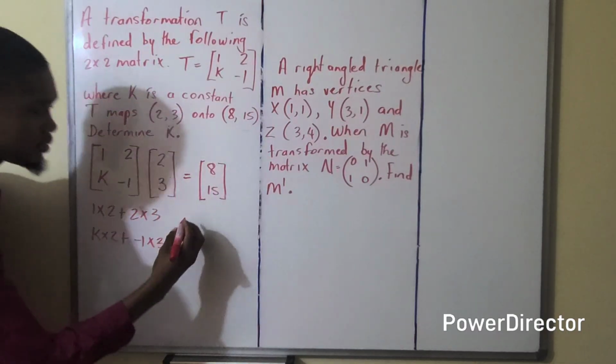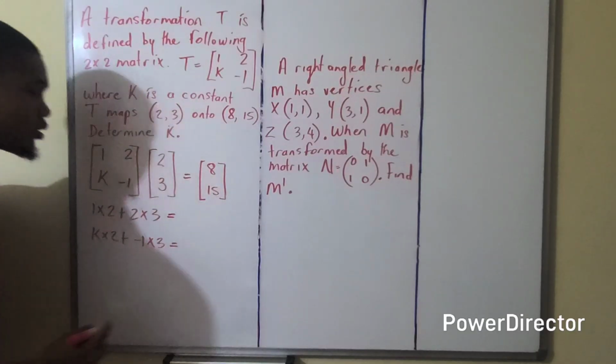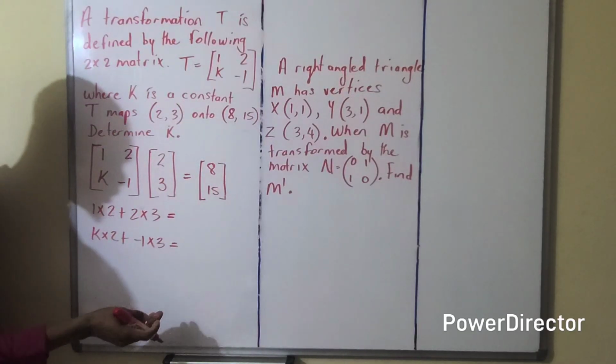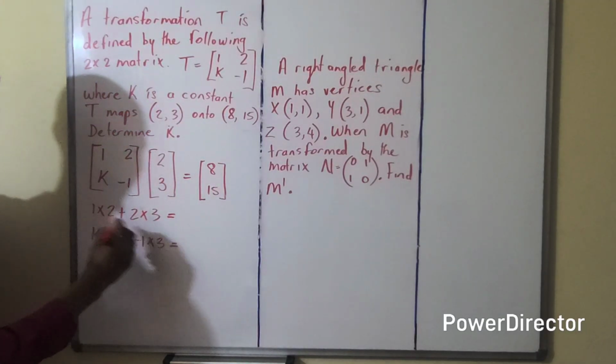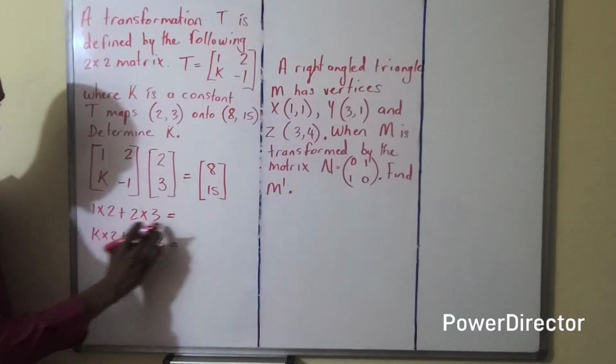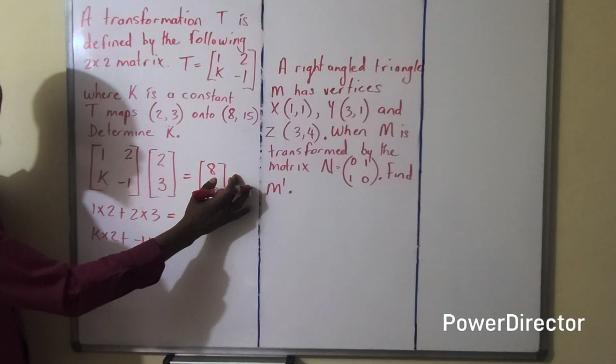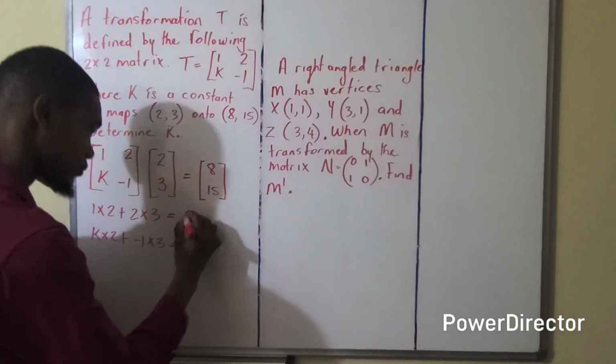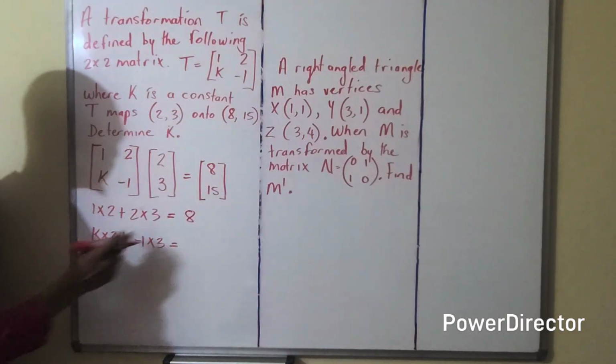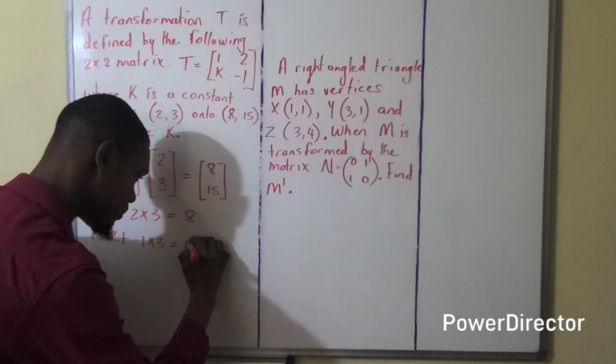Now, matching these equal. Now, you could have written 1 equal and it works out. Or you can split it apart. Now, this is the top row, so therefore it must match back to the top row, which is 8. Bottom row, bottom. So it matches back to 15.